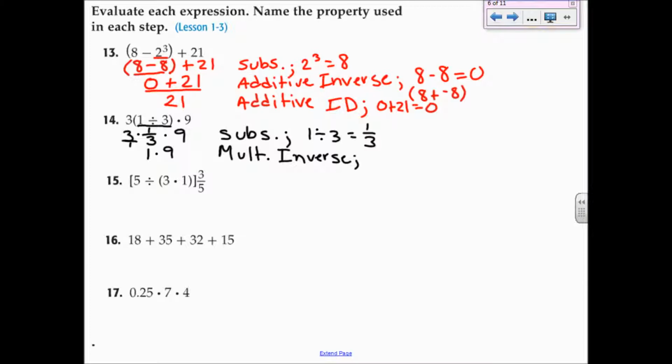And that says that if you multiply something by its reciprocal or the inverse, which means the fraction flipped over, it equals 1. And the last one, 1 times 9 is 9. And that is the multiplicative identity property, which says that anything times 1 is itself.